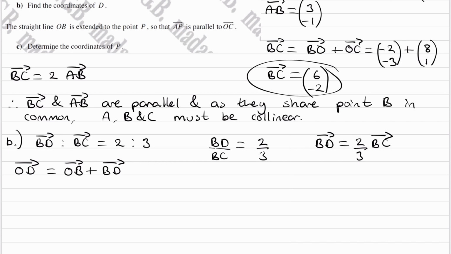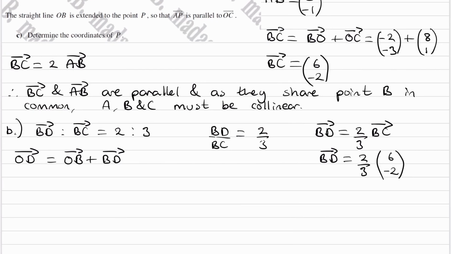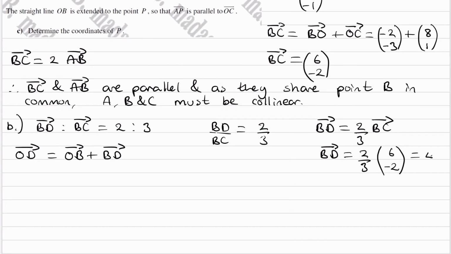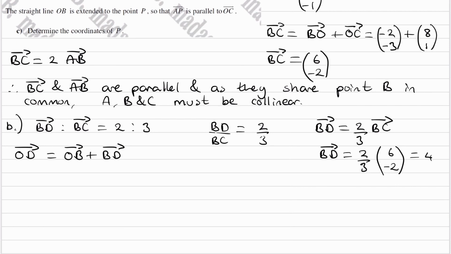We have BC over here, so BD is 2/3 of (6, -2). 2/3 times 6 would be 4, and 2/3 times -2 would be -4/3. So that's BD.